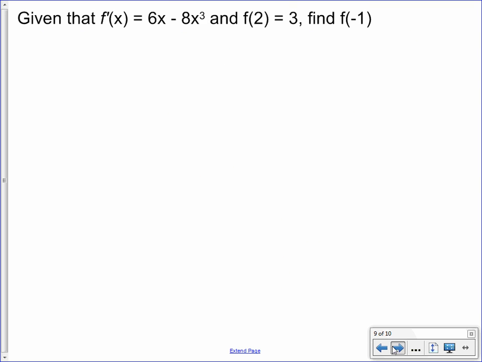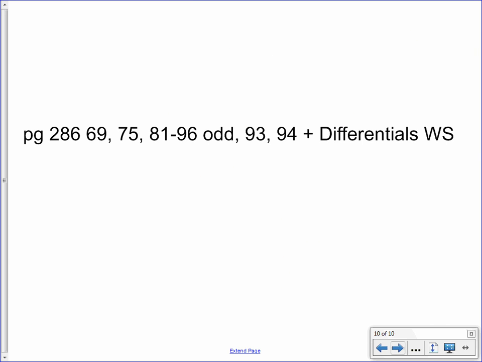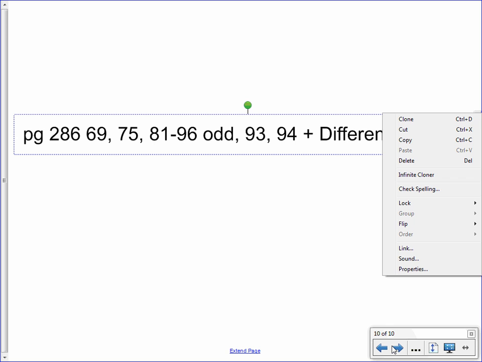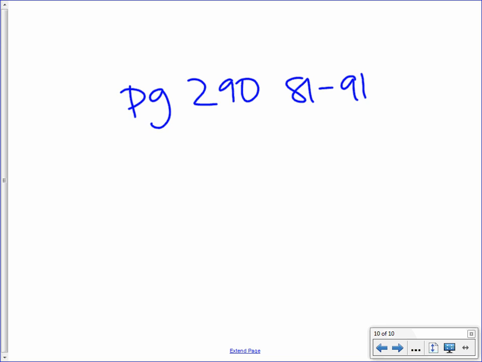I don't know if I updated this. Nope, I didn't. So, you have page 290, 81 to 91, and then you're going to have a differentials worksheet.